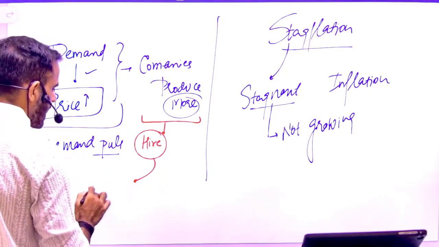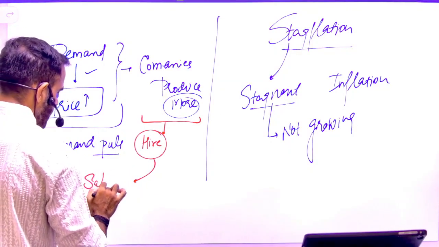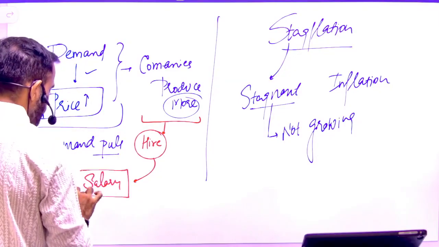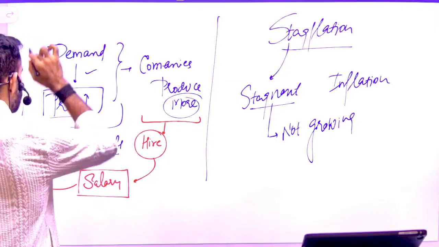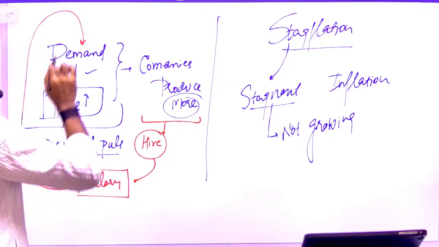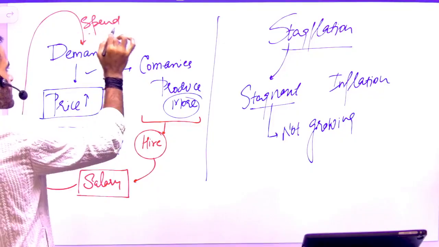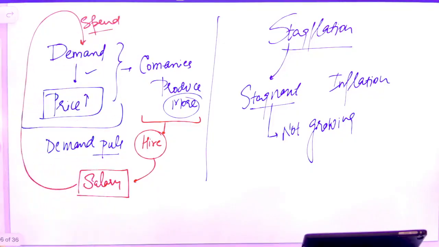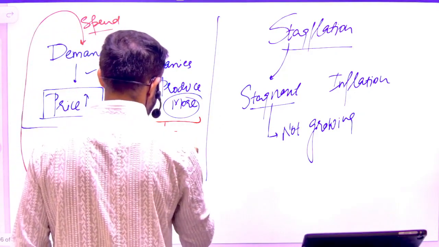If they hire more people, more and more people will get salaries, right? If they get salaries, what will happen? They will spend that money. If they spend that money, it will lead to demand. So can I simply say, if there is a demand in the economy, that will lead to more and more employment in the economy?